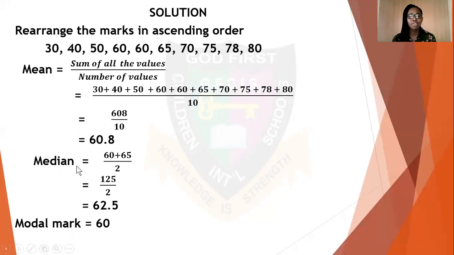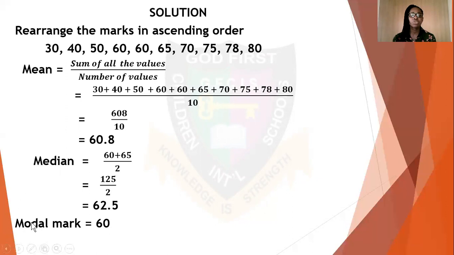That is 60 plus 65 divided by 2. 60 plus 65 is equal to 125, and 125 divided by 2 is equal to 62.5. When we approximate this, we have 63 as the middle number.